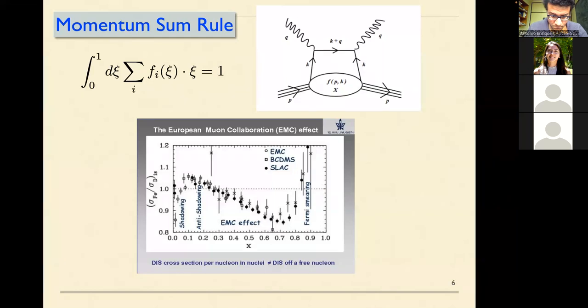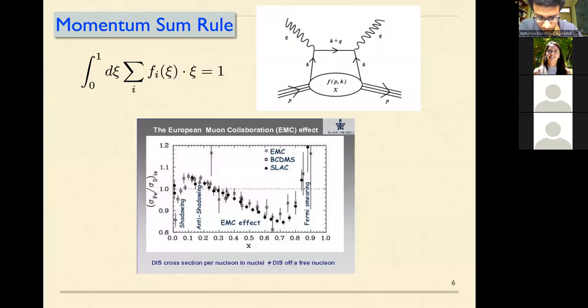People use it even to predict. You have several regions here. For example, the shadowing region, in which at very small x, you can see that this ratio goes below 1. And then you have what is called anti-shadowing, etc. People use the momentum sum rule to justify this type of behavior.